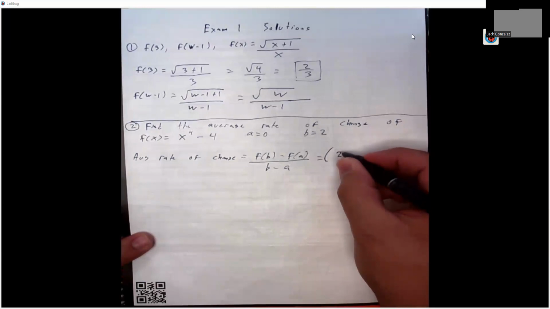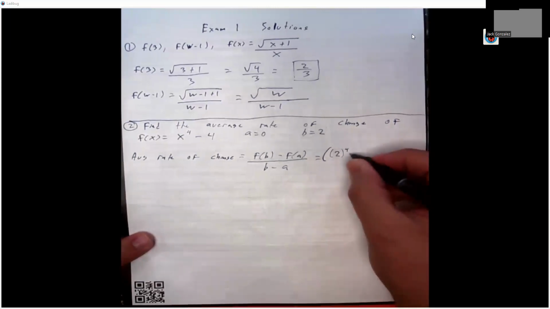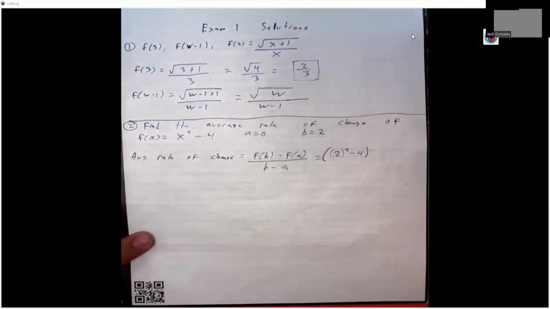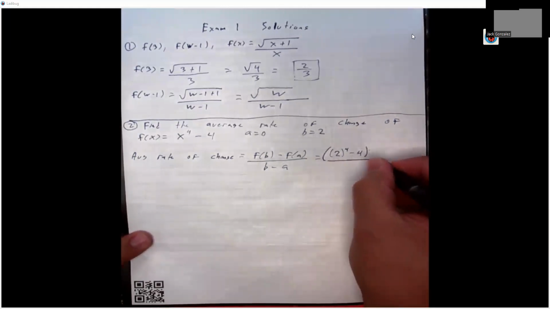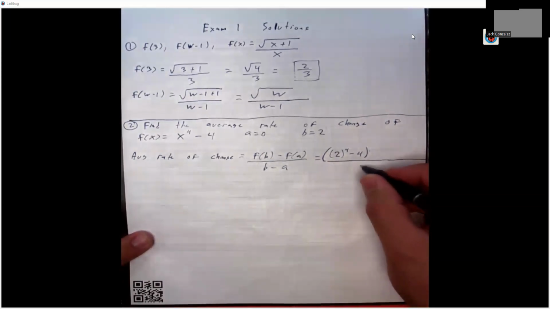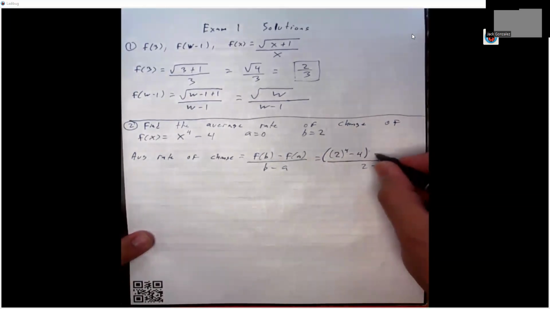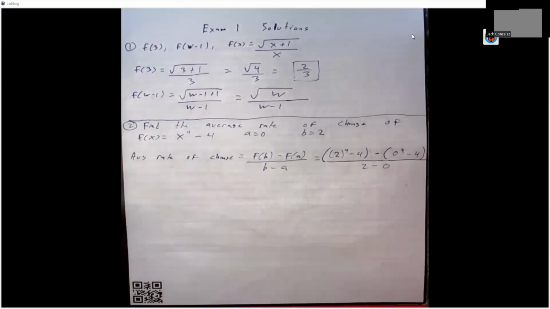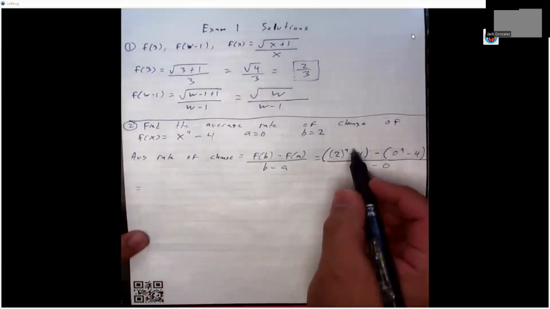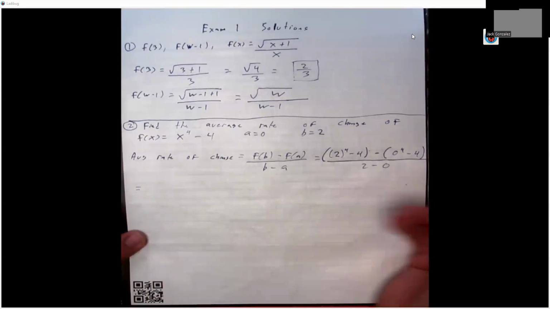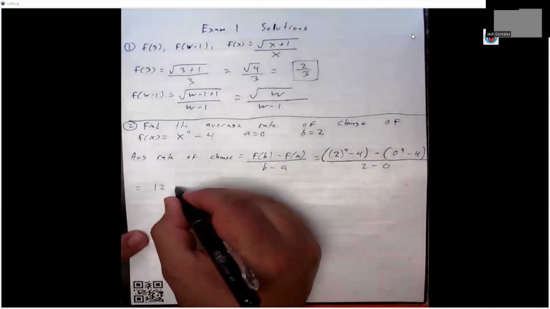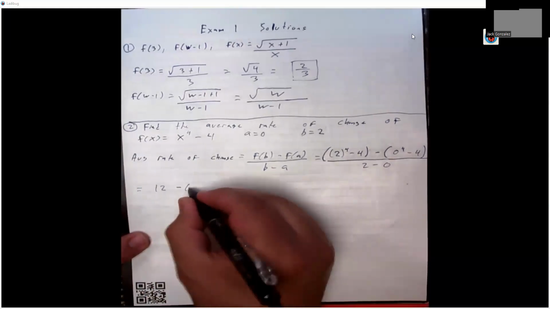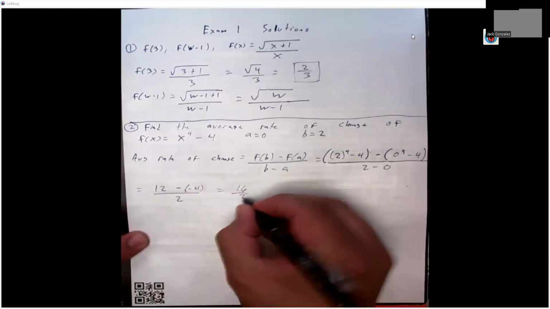So then it'll be 2 to the 4th minus 4 over 2 minus 0, and then minus the function at 0. So 2 to the 4th, that's going to be 16 minus 4, minus a negative 4, over 2, which is 16 over 2, which is 8.